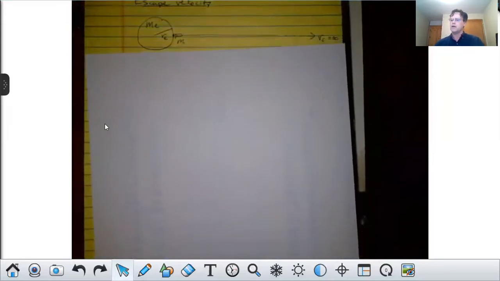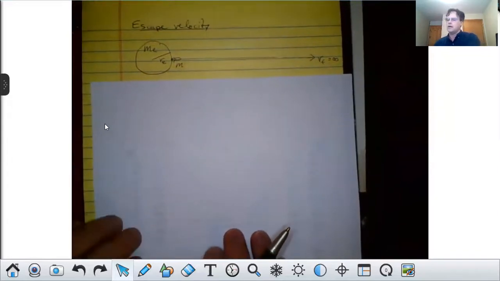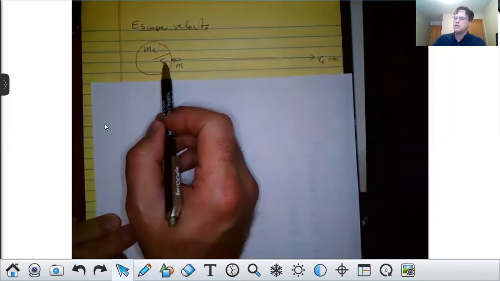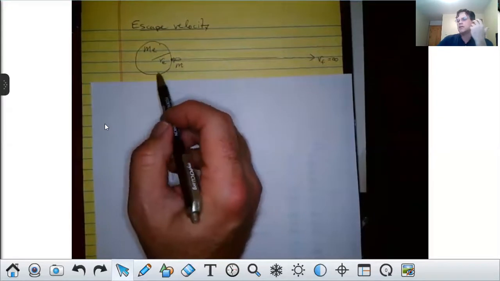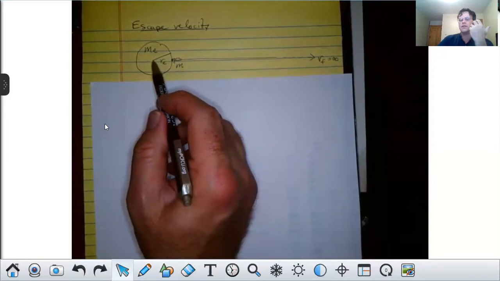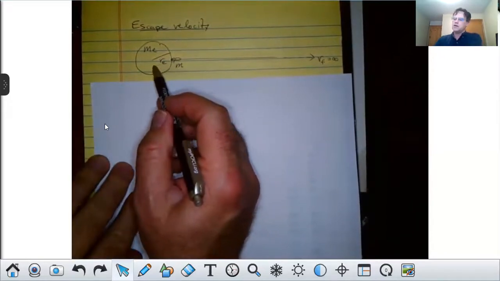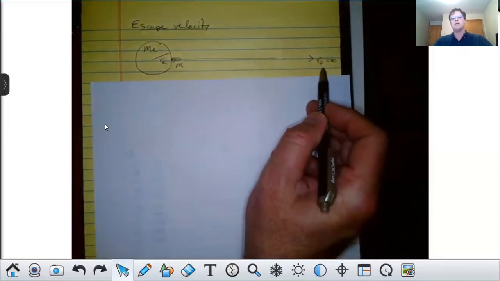So for the escape velocity, again, I've got my rocket here at the surface of the Earth, radius of the Earth, mass of the Earth, and I want to remember that anytime I'm outside this sphere, I can treat the mass of the Earth as if it were at the center, right? So basically my r initial is R_E, my r final, when the rocket gets infinitely far away from the Earth, is infinity.